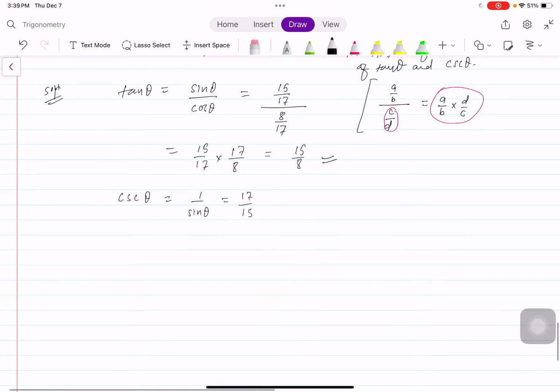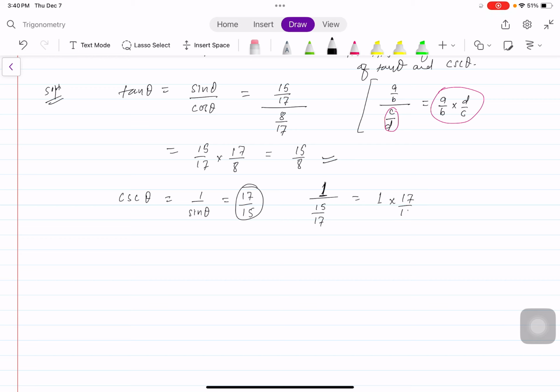Or say you forgot to write in this fashion, say you choose 15 over 17 here. Now the same technique: this is just one value, not a fraction, so you can always multiply by reversing it and you will get 17 over 15. So these are very important techniques.